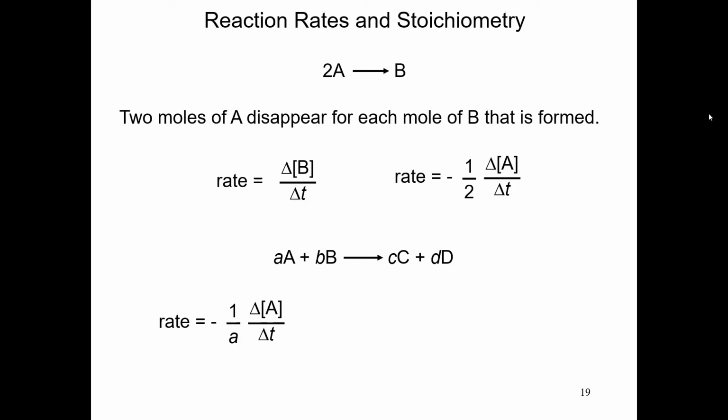In the case of B, that would be minus 1 over b times the change in B over t. If we want to measure it in terms of products, that would be 1 over c times delta C over delta t, or 1 over d times delta D over delta t.